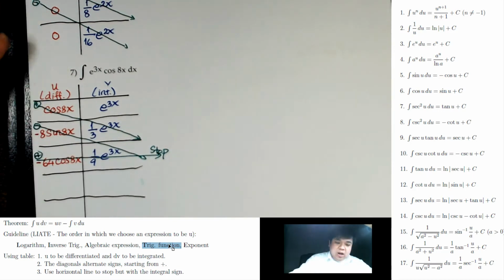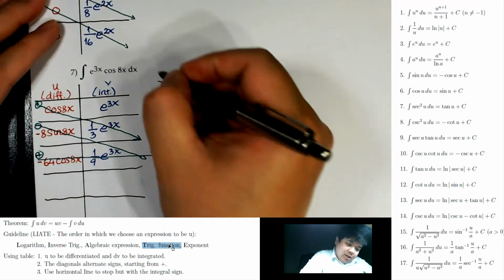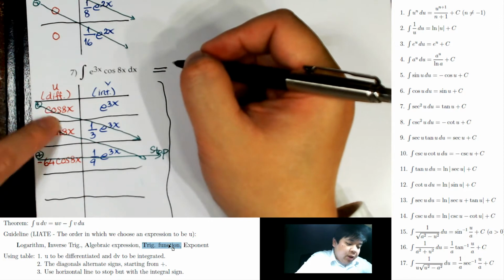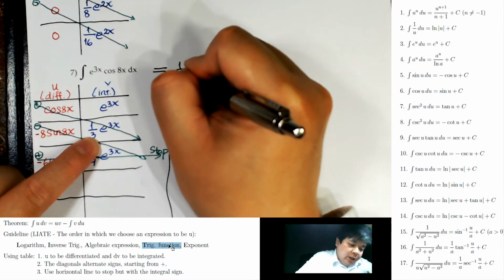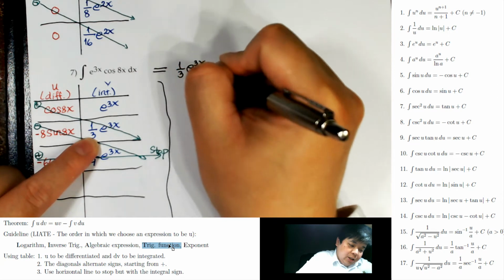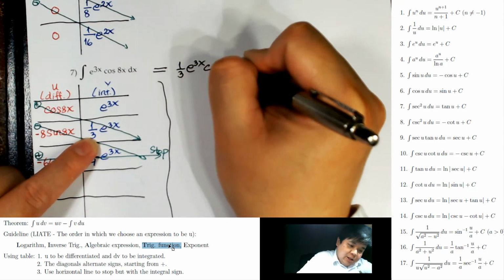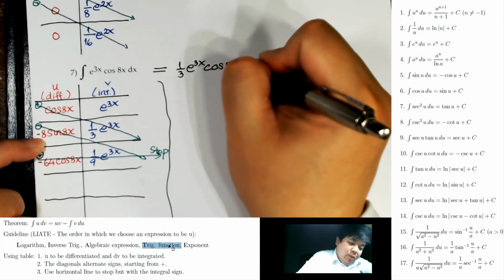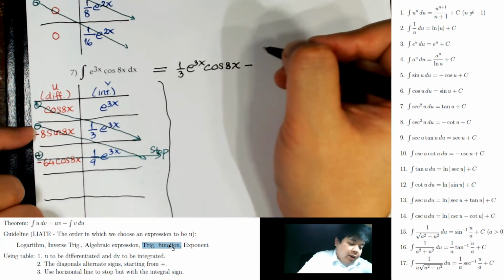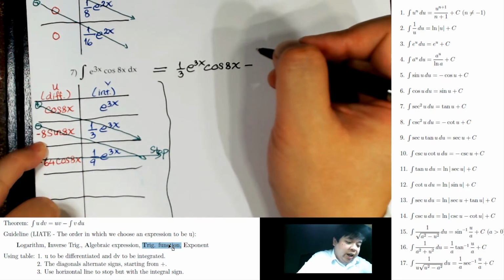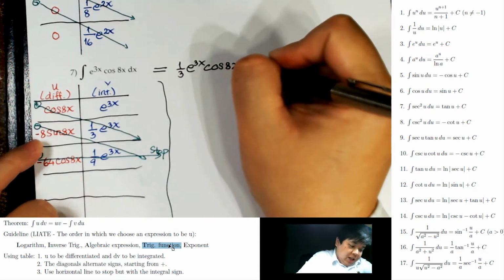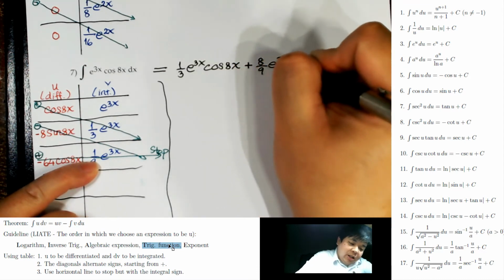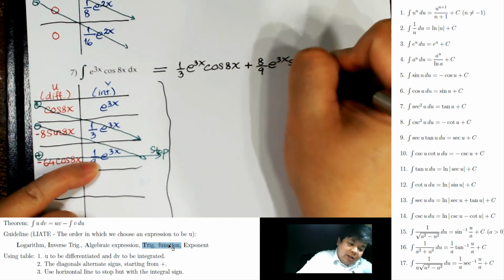Right, so now we write. First, those two will be 1 over 3 e to the 3x cosine ax. Next, it's going to be minus, because of the second diagonal, and another minus makes it a plus: a times 1 over 9, a over 9, e to the 3x sine of ax.